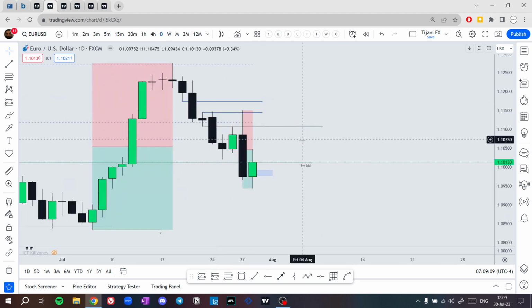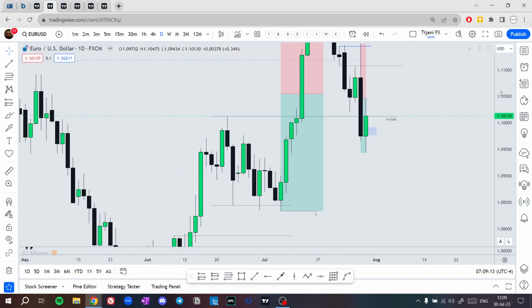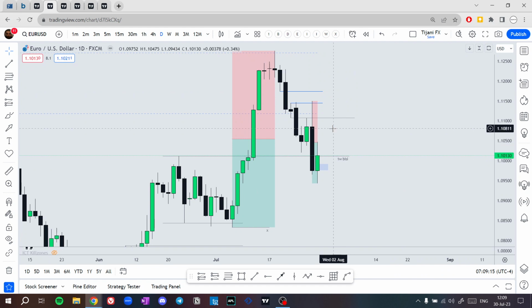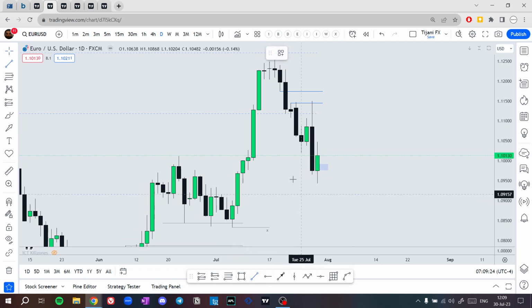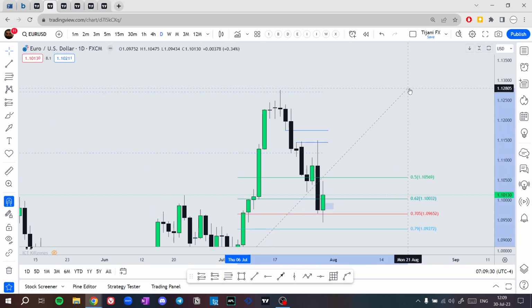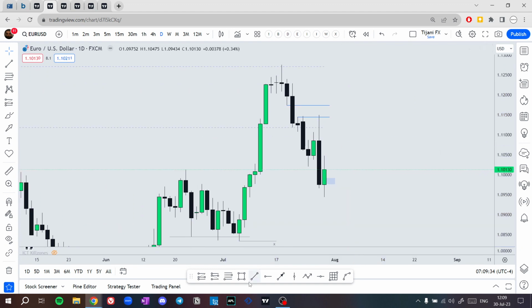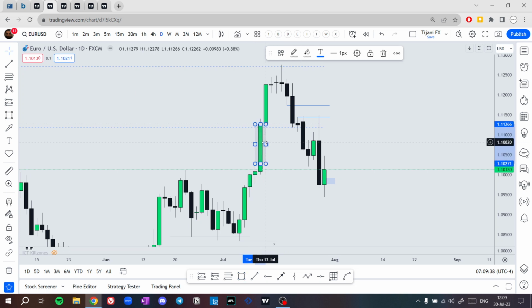On the daily time frame, what we see is that price right now, let's get rid of this level here because we know where price is. Let's get rid of this and this. We see that price has dropped lower, like I told you, below equilibrium. This fair value gap, filling this fair value gap right here.